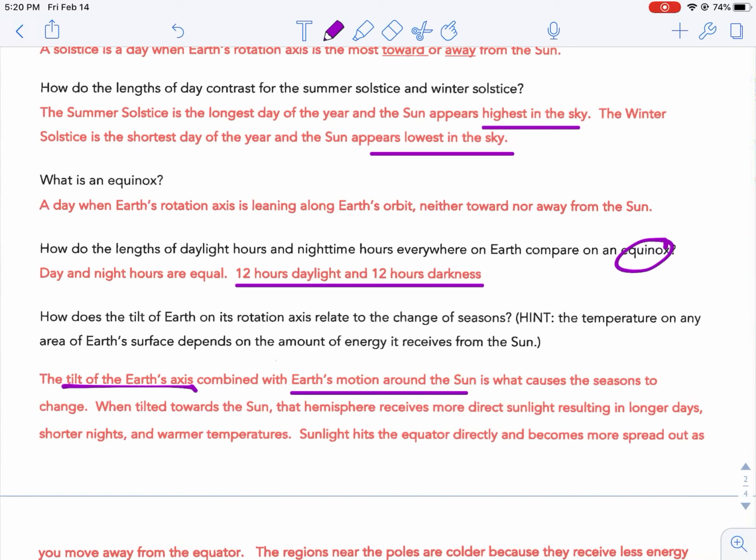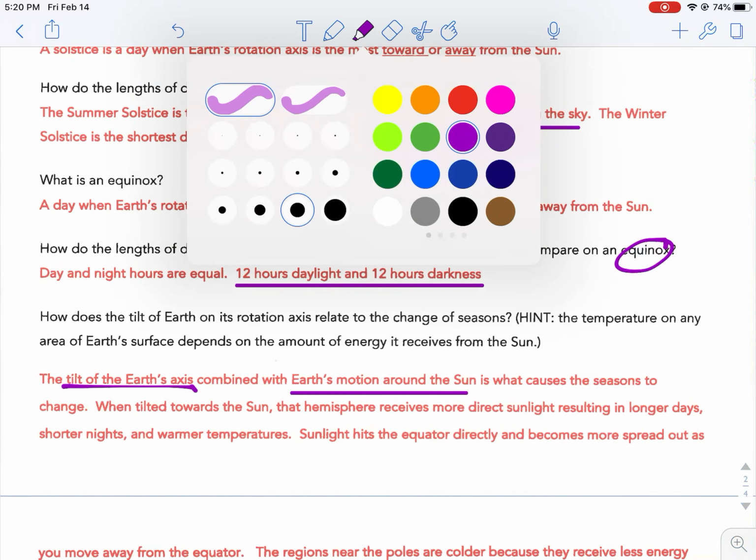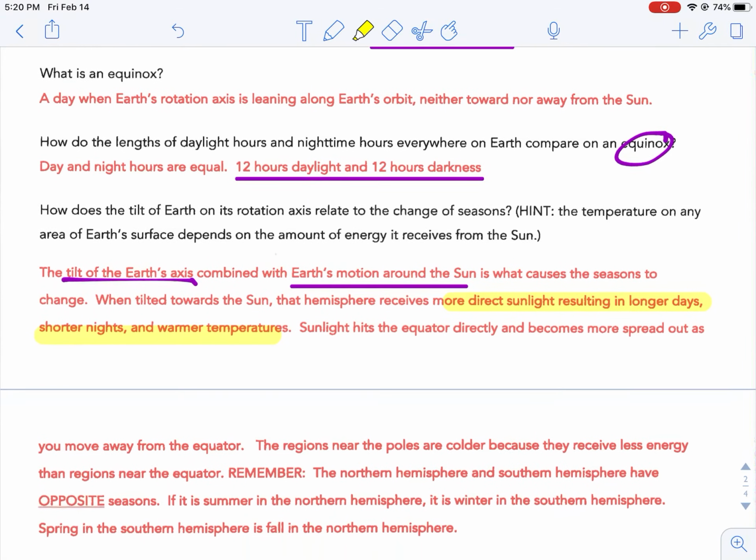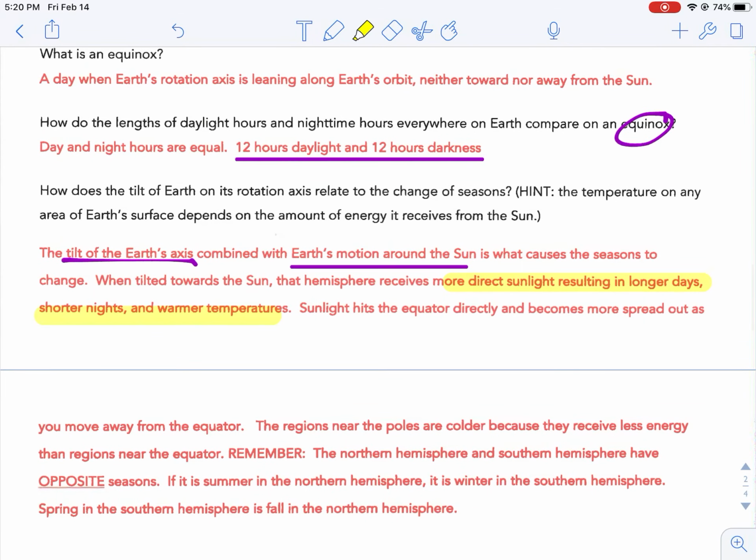When tilted toward the sun, the hemisphere receives more direct sunlight, resulting in longer days, shorter nights, warmer temperature, because we're tilted toward it at that point. Sunlight hits the equator directly and becomes more spread out as you move away from the equator.